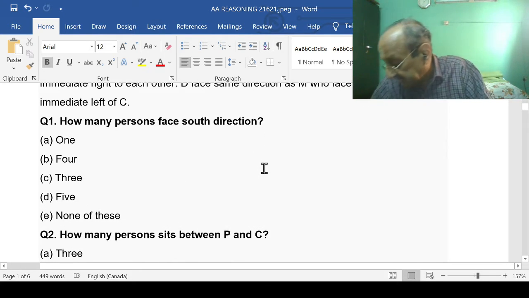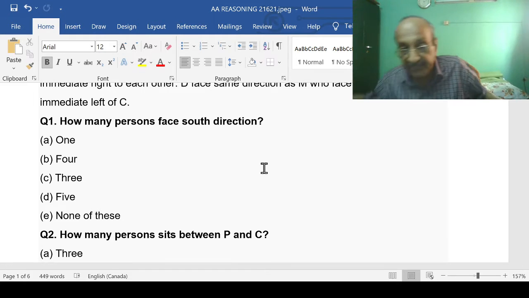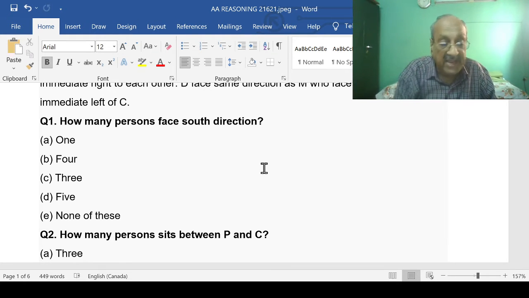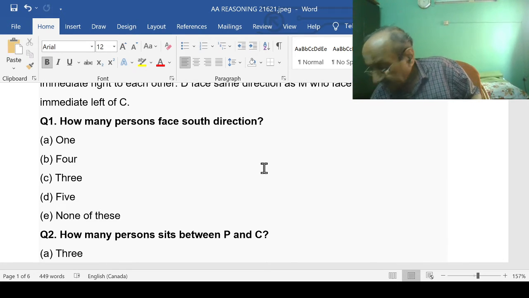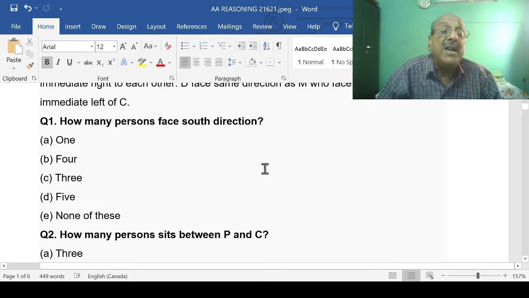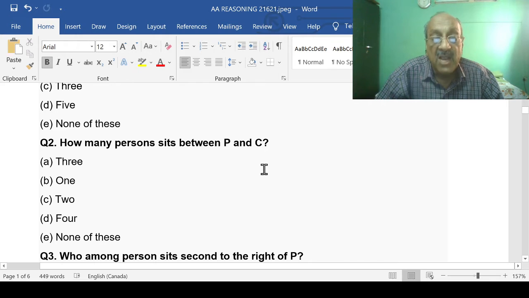How many persons face south direction? That is one question. Second question, how many persons sit between P and C?